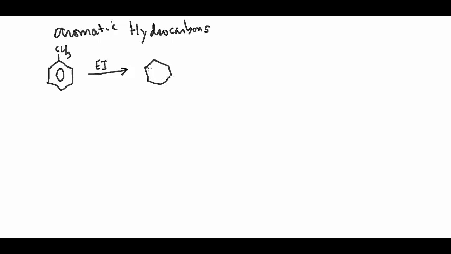To show this with one of the possible resonance structures, we'll draw that structure for the radical cation.